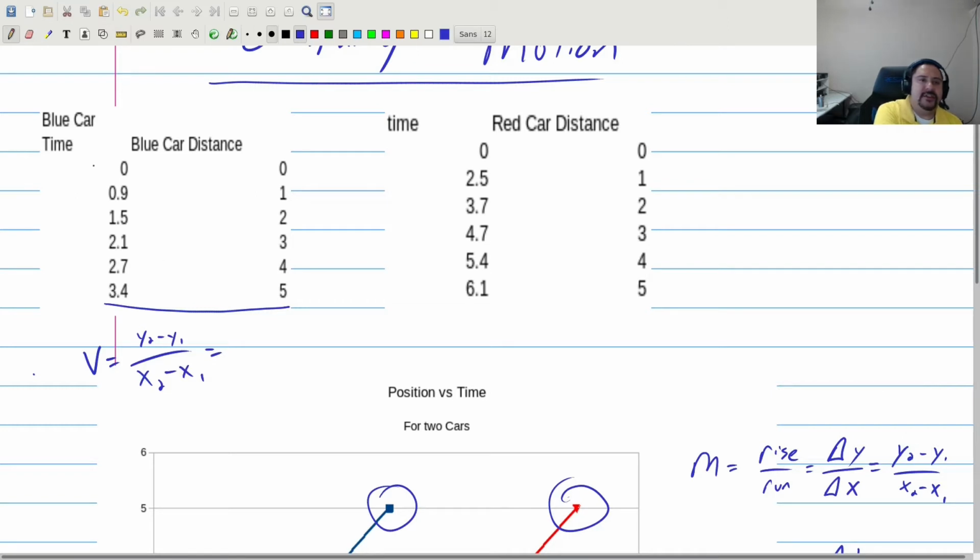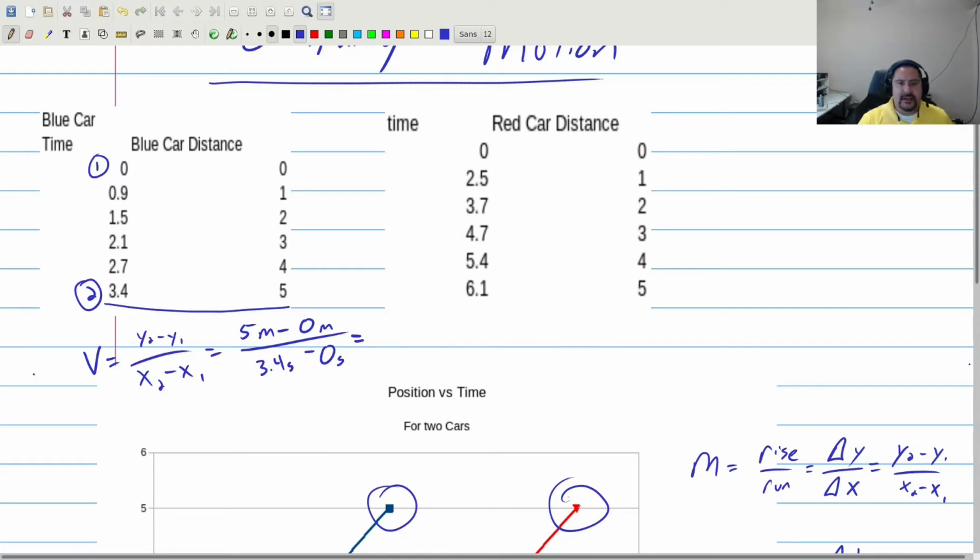All right, call this point 1, call this point 2, and we will have 5 meters minus 0 meters divided by, let's see, x2 is 3.4 seconds minus 0 seconds.